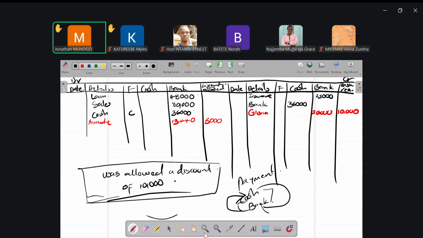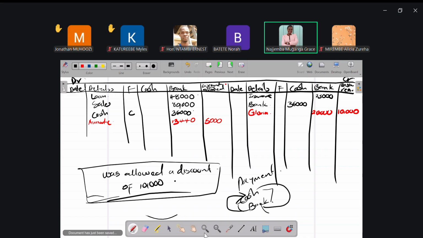When we are posting them on the T accounts, the ledgers, do we put that balance brought down on the debit side of cash? Yes, just like what we did here, we put it on the debit. Thank you, madam.